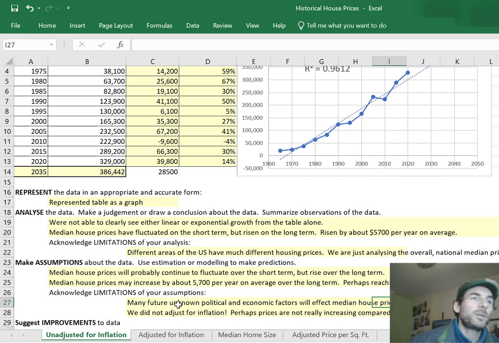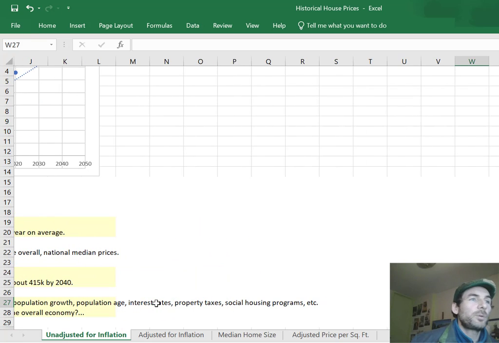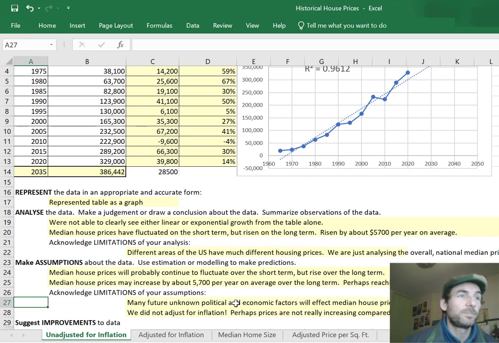You could have a population growth or decay. You could have an older population overall, which can change things. There's property taxes to consider. There's social housing programs, like affordable housing programs, which could change things. Who knows, right? All different reasons for house prices to change.